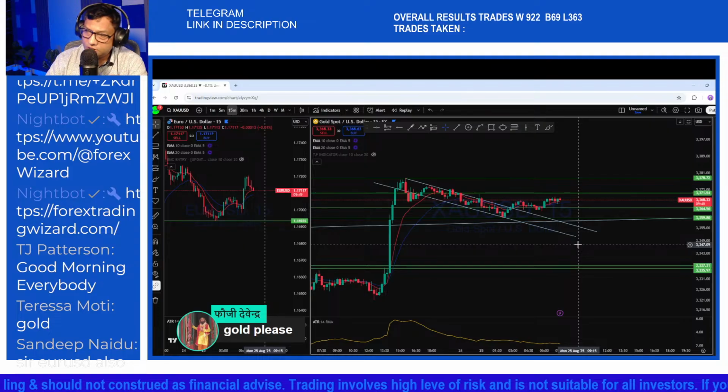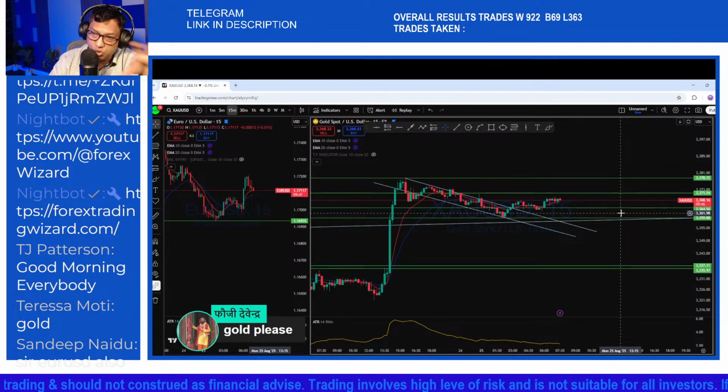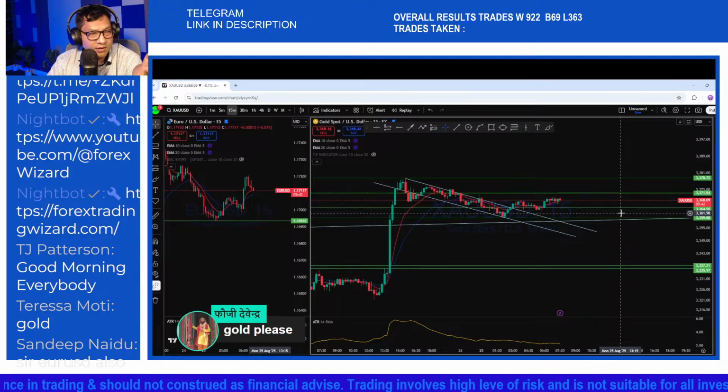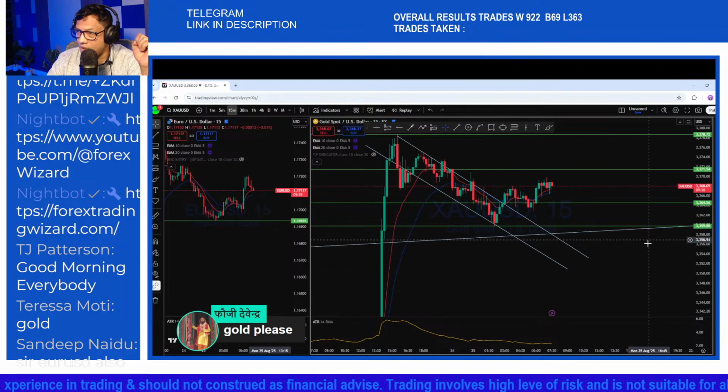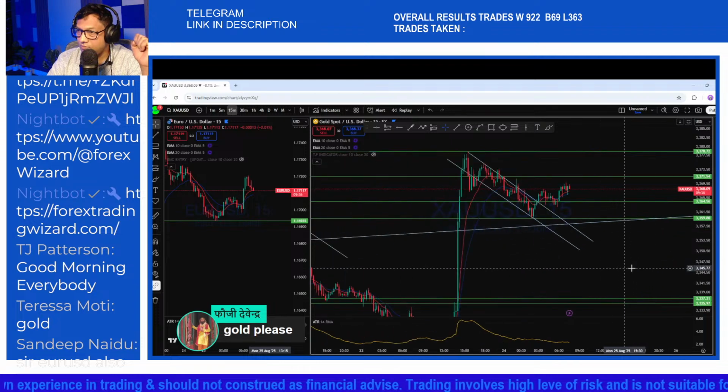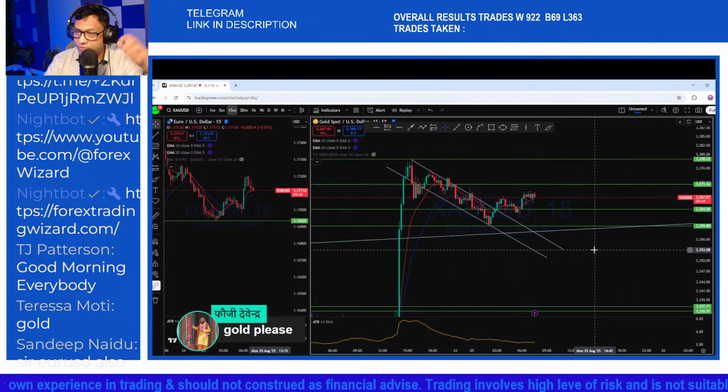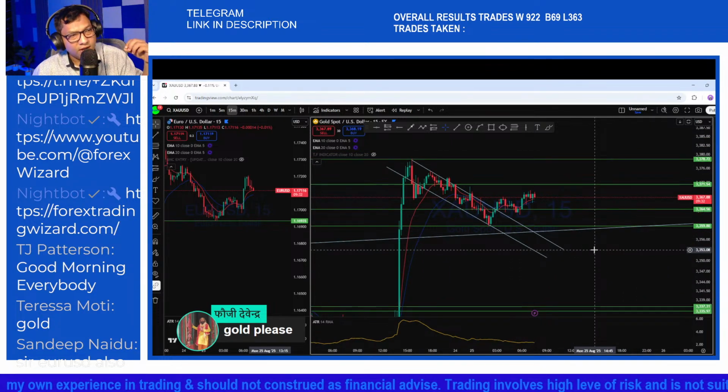Connecting the dots of these two levels is the key, right? That's why you see that there is always a relationship between the bigger and the smaller, right?